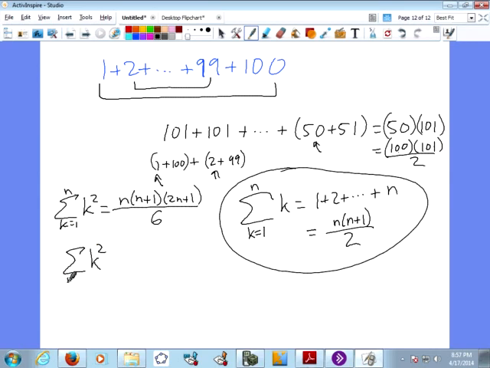This is going from 1 up to n. The sum of the first n cubes, 1 cubed plus 2 cubed, so 1 plus 8 plus 27 plus 64 and so on, is n times n plus 1 over 2, the whole thing squared. It's just the square of what you got when you added up the first n integers.